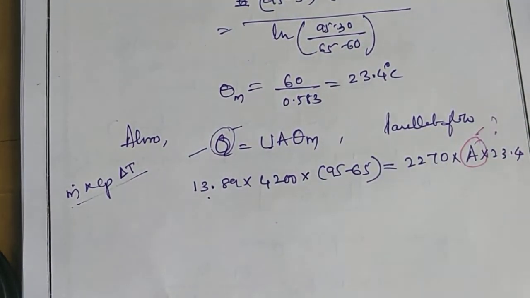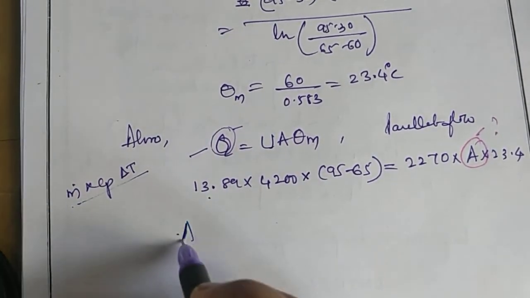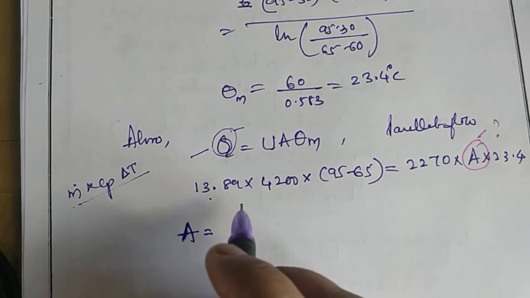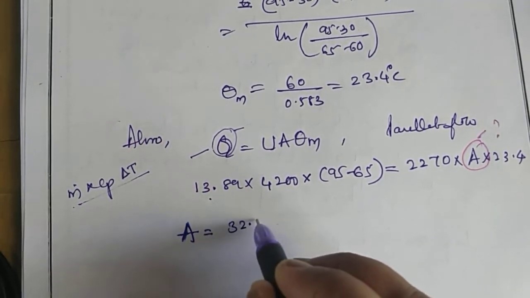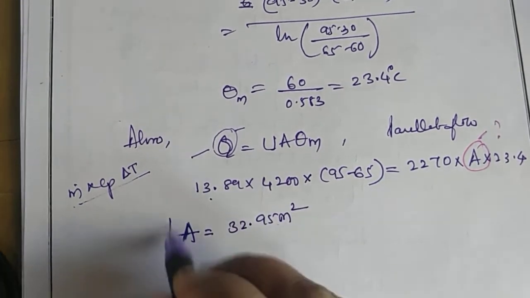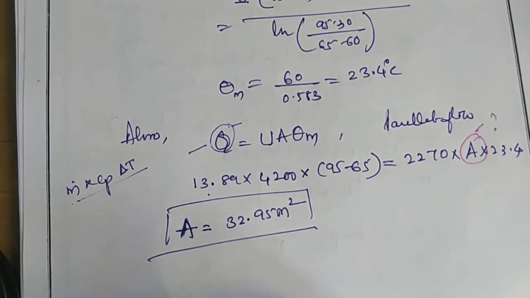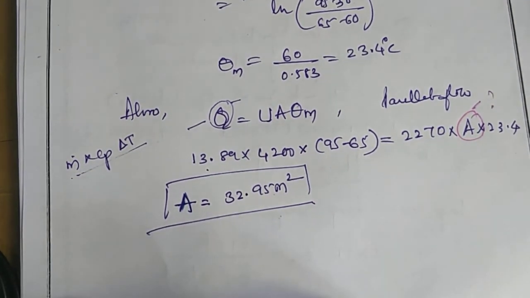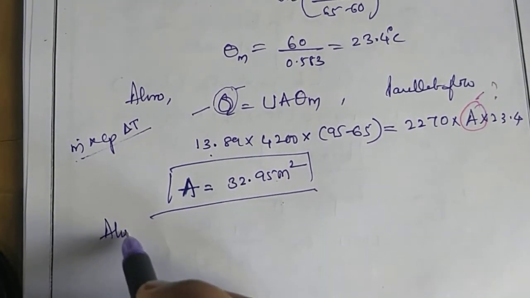Okay, so you equate this equation to get the area value. What is that area? After simplifying this equation, we'll get 32.95. Okay, and also to calculate effectiveness, we have an equation.